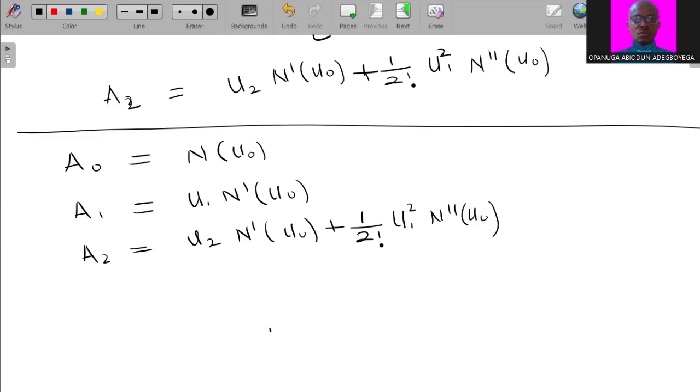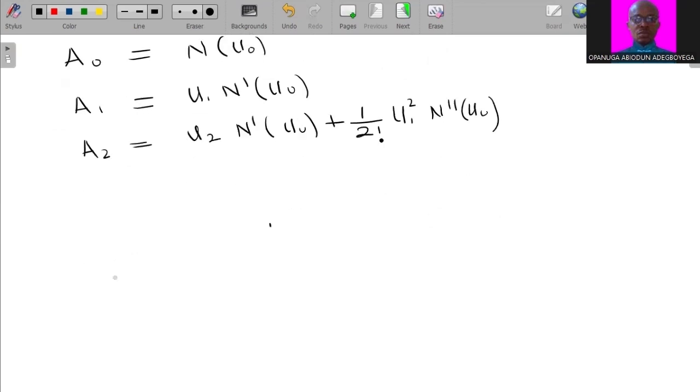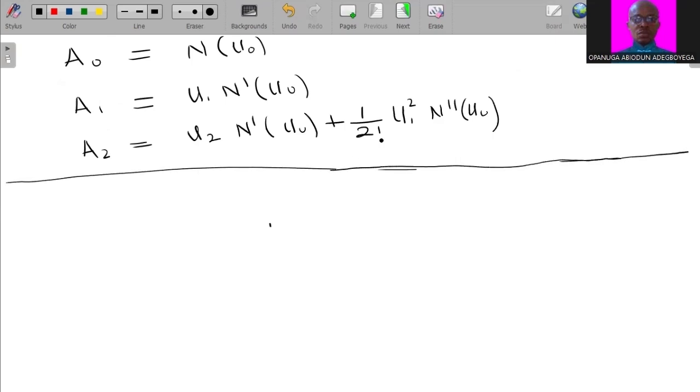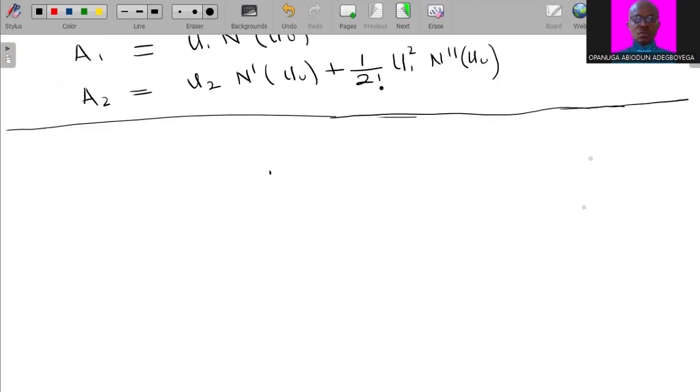And then we can as well obtain n equal to 3 and so on. So we want to apply these results to some specific examples.